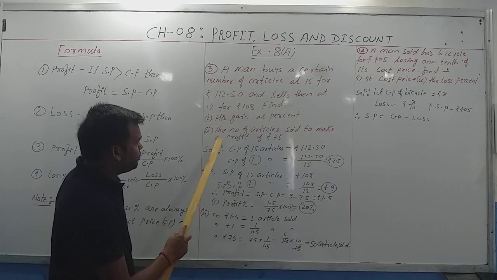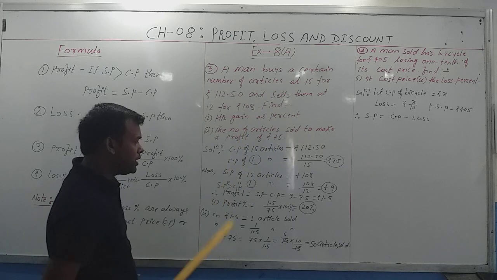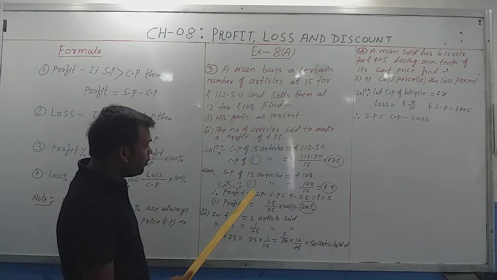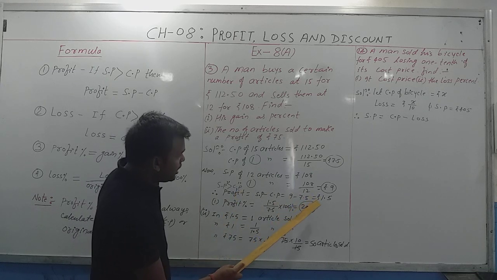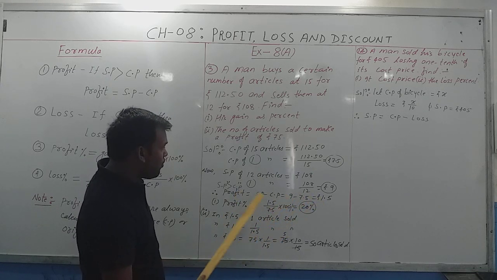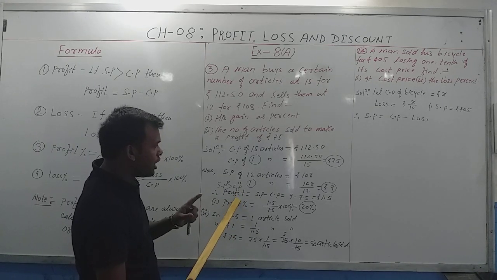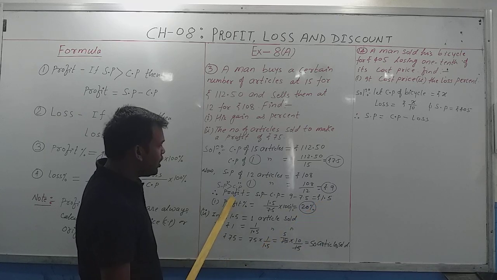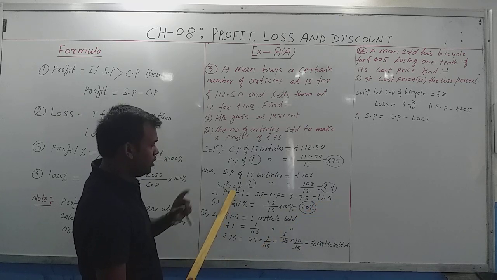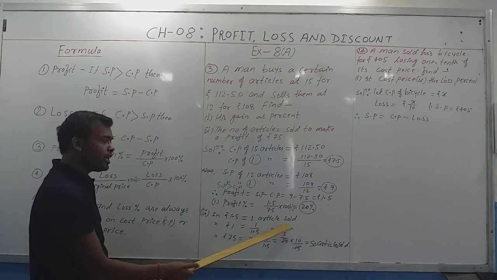Now the second one, the number of articles sold to make a profit of 75 rupees. Since this profit of 1.5 rupees has been calculated for one article, so rupees 1.5 is for 1 article sold. So apply the unitary method. Rupees 1.5 is equal to 1 article sold.